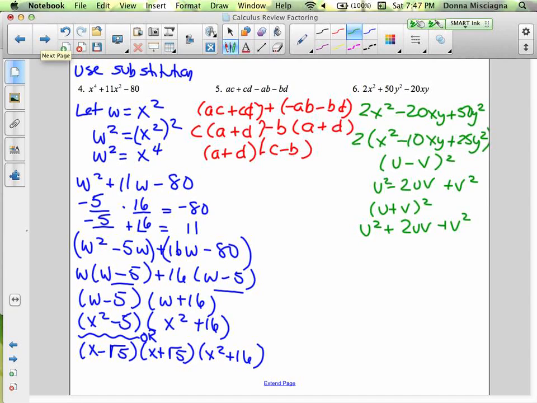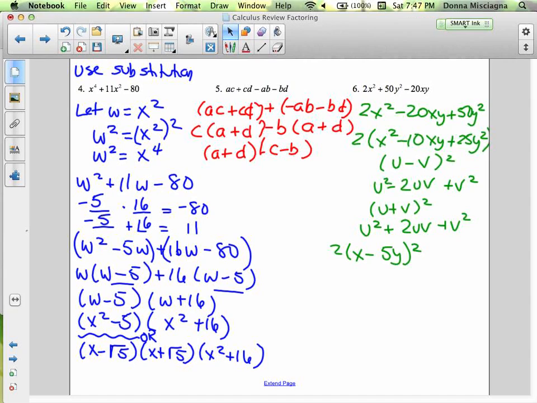So this is going to be 2 times x minus 5y squared. That's all there is to that one. If you have questions, let me know. But we clearly have a perfect square. So we have something times itself to get that pattern.